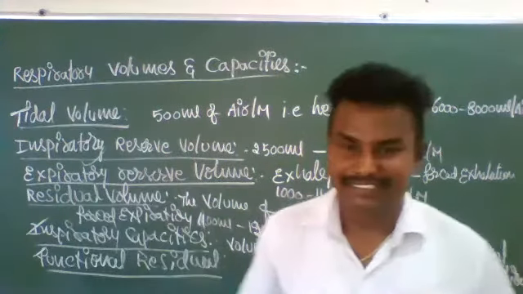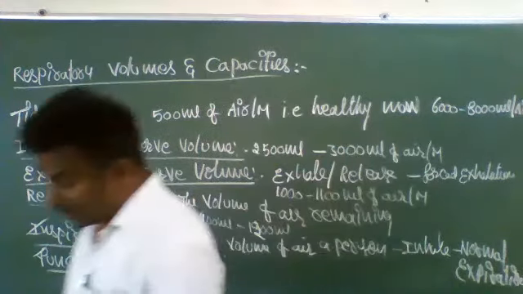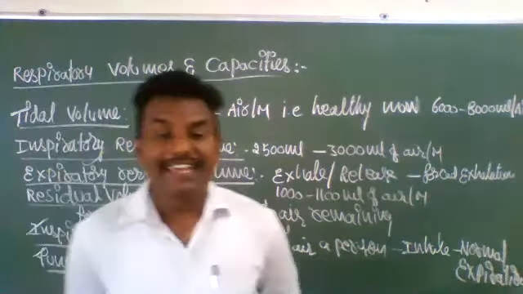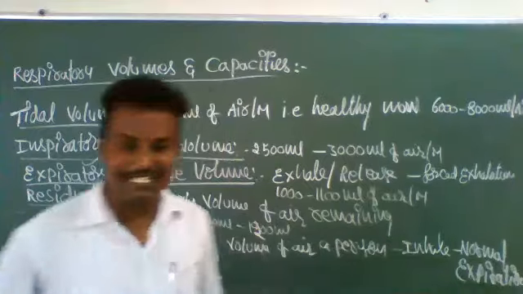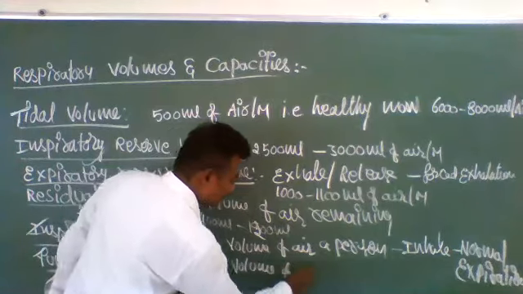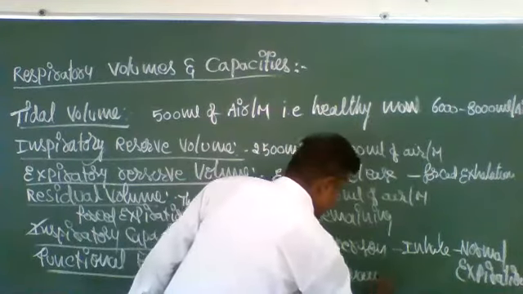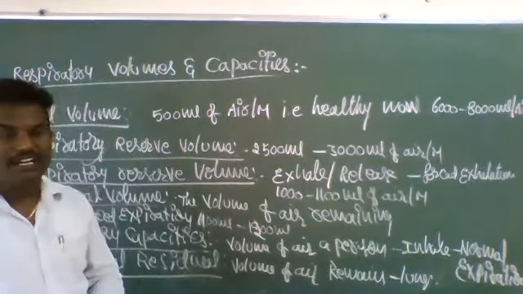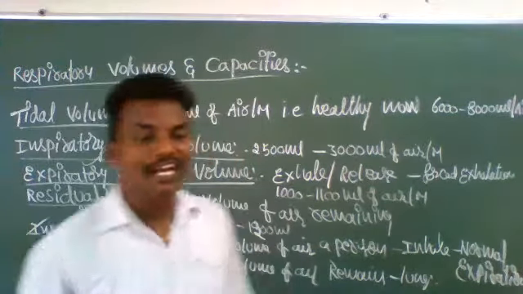The volume of air that remains in the lungs after normal expiration is called functional residual capacity. Okay, next.